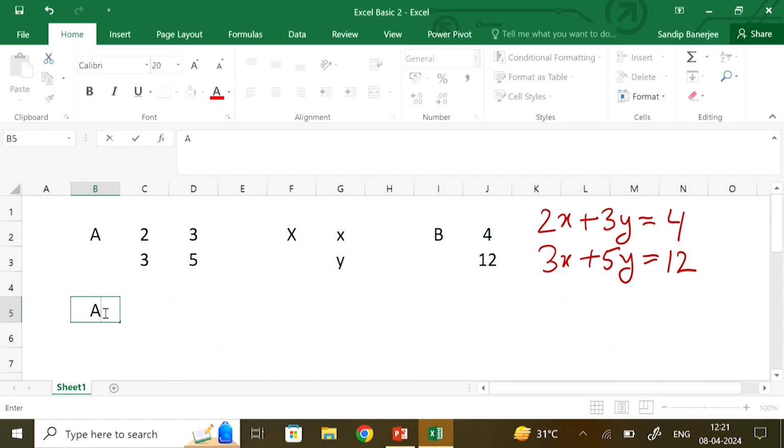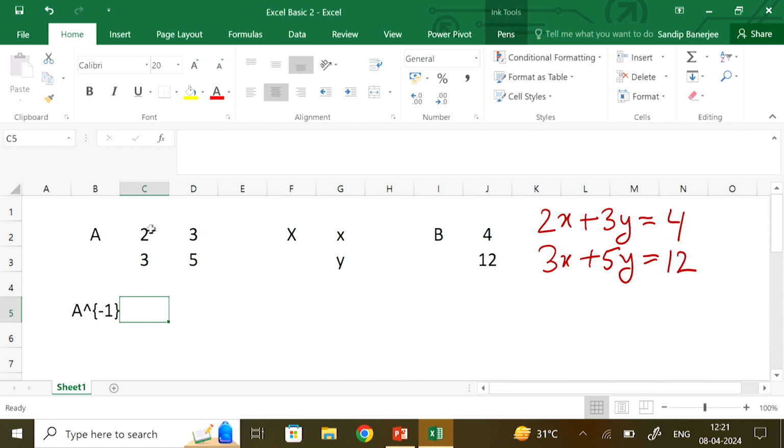So, A minus 1, I give the symbol like this. Since this is a 2 cross 2 matrix, you highlight 4 cells, 2 cross 2, and in this you just put an equal to.